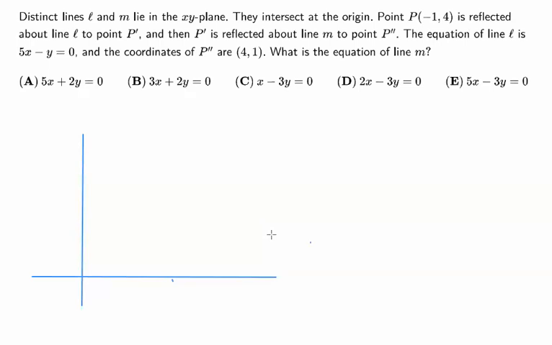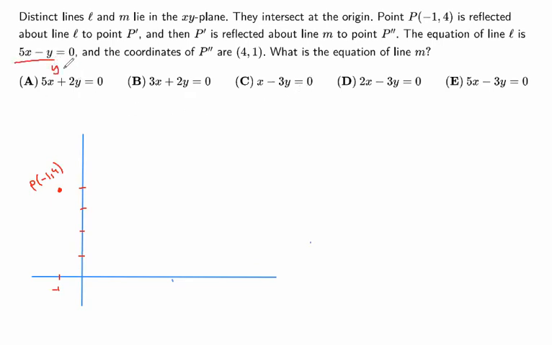So what we are given is some points, right? Also a line. So let's say this is -1, and 1, 2, 3, and 4. So this is our point P. And the line that we are given is this one.